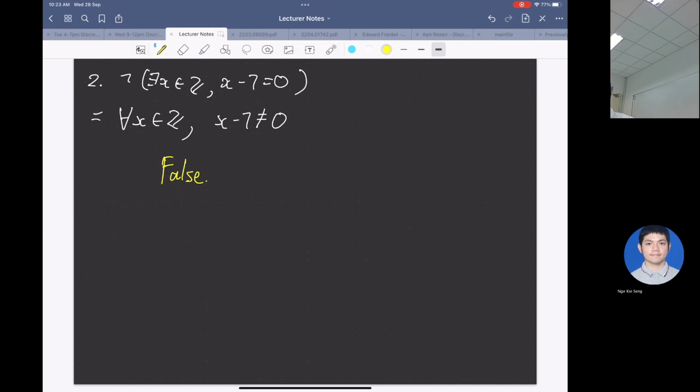Louder a bit, I cannot hear. Many positive numbers for x? But you need to prove to me why it is false. You need to find one x for me.